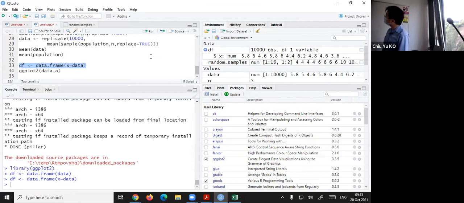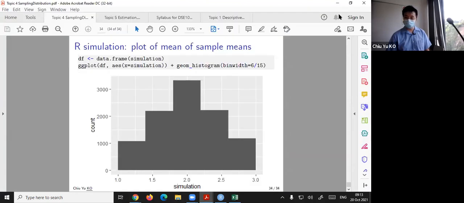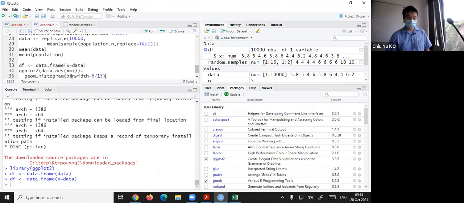So x is data, I would just do x is x, and I'll do a histogram, I guess. I just try to follow. Maybe I just plot this.